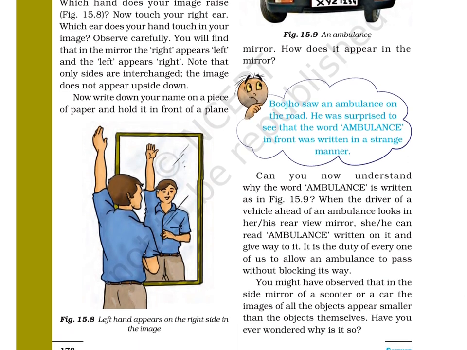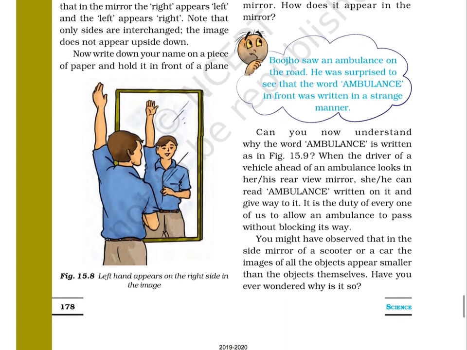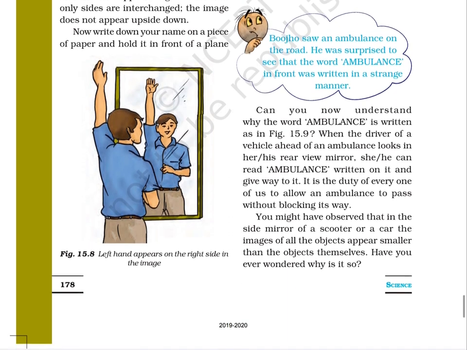Now, write down your name on a piece of paper and hold it in front of a plane mirror. How does it appear in the mirror? Figure 15.8. Left hand appears on the right side in the image. Here we can observe a boy raising his left hand. It appears on the right side in the image on the mirror.